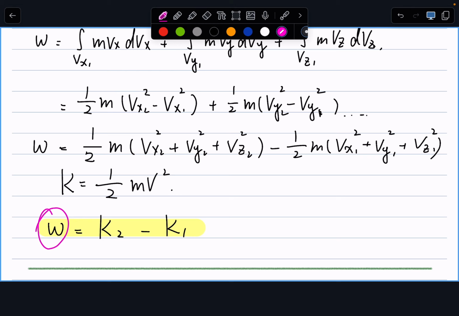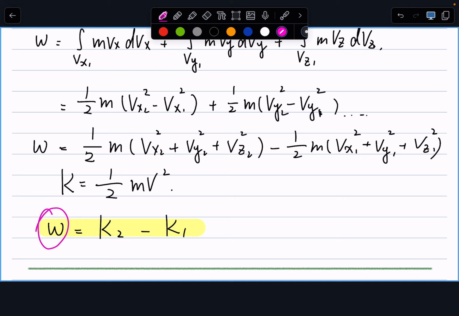But work is not something you can define by only looking at the object itself without any change. It's only defined by the change in kinetic energy, even from the work theorem perspective. So work is related to change. We'll come back to see why it is important in a minute or so.